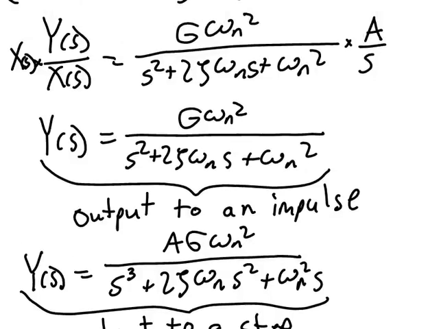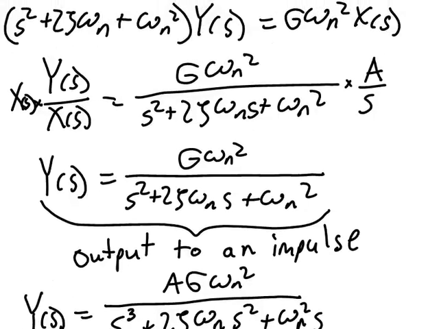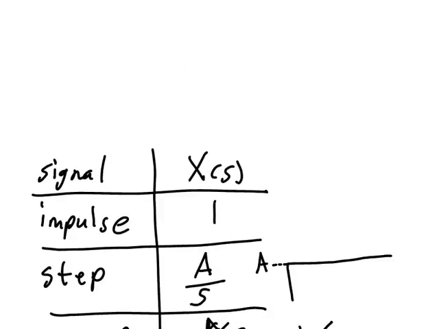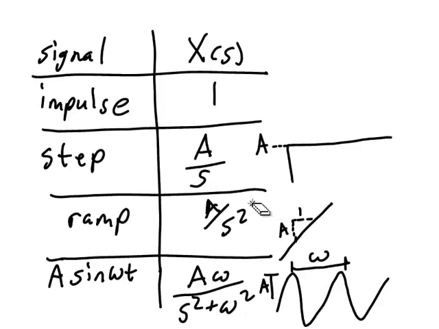We could do the same thing to find the output to any kind of an input. For example, let's suppose we want to find the ramp output. To find the ramp output, I would use x of s equal to a over s squared.